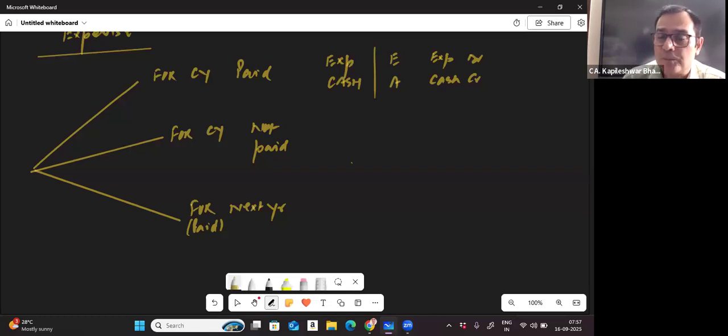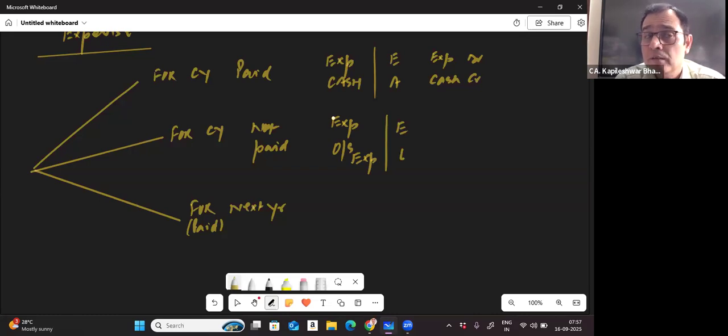Now, when it is not paid, you still book the expense. But if it's not paid, you're going to call this outstanding expense. Expense is expense, outstanding expense, liability. Expense is always debited, so the expense gets a debit and the outstanding expense gets a credit. Watch the entries carefully.